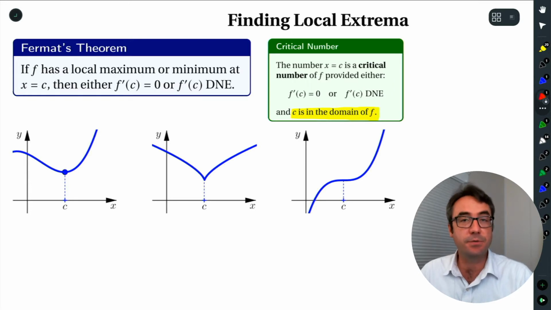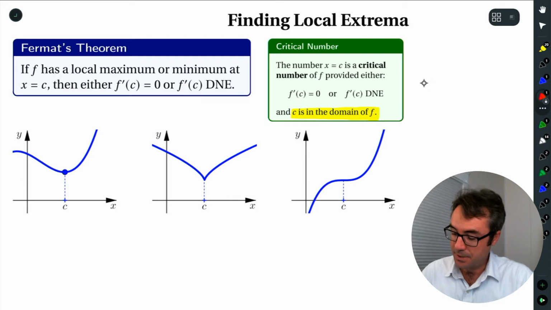We are always interested in where the derivative is 0 and where the derivative is undefined. We saw that with intervals of increase and decrease. And when we're talking about the second derivative, we were interested in where the second derivative was 0 and undefined. But in terms of critical numbers, in terms of locating maxes and mins, we want this extra requirement that x equals c has to be in the domain of our function. So it's a subtle point, but it's important.